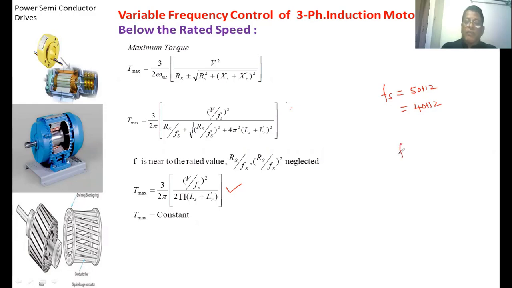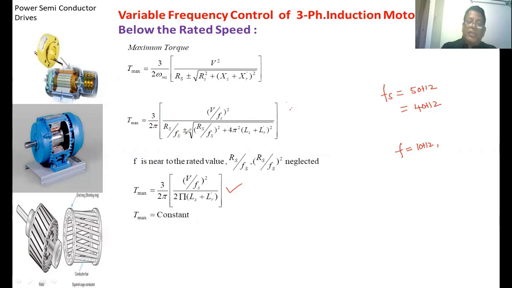Suppose we apply a frequency of 10 Hz, nothing but we want to run the motor at a very low speed. In this case, we can't neglect Rs by Fs. It has some value when compared to this. So at low speeds of the induction motor, when you are not neglecting this term, during motoring operation the denominator will increase, and the maximum torque will decrease.